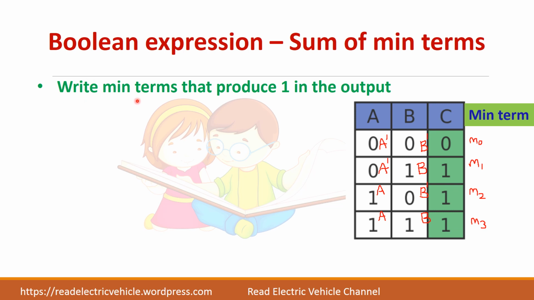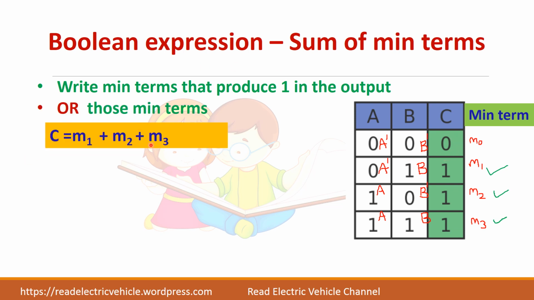First, you have to identify the minterms which produce 1 in the output. Okay. So now we are going to write an expression from this. So first you identify the minterms which produce 1 in the output. So I can say M1, M2 and M3 are having 1 in the output. So this will not come as the output is 0.